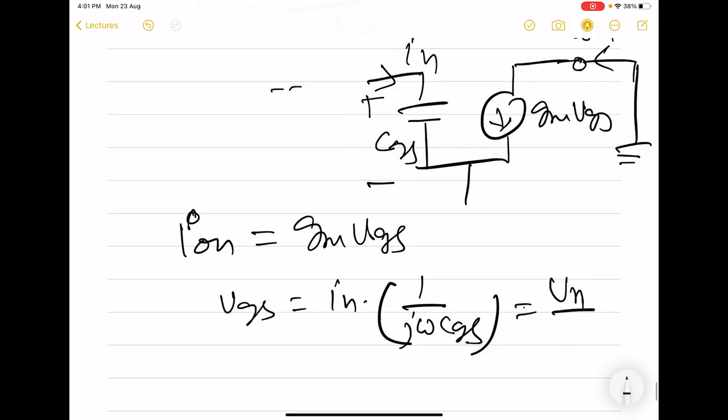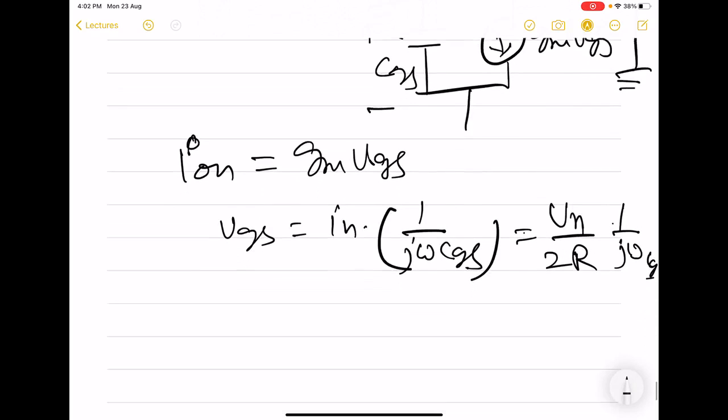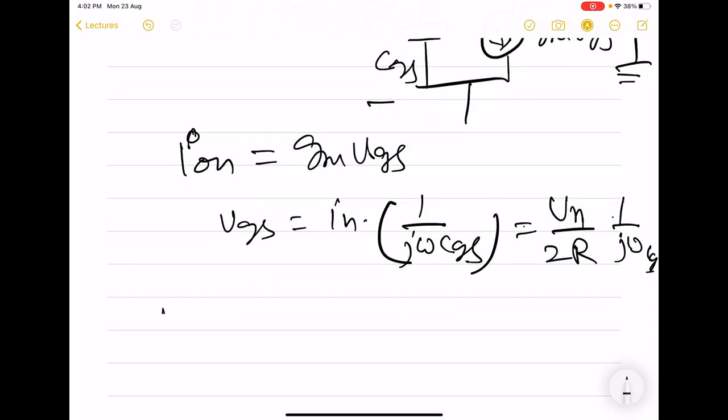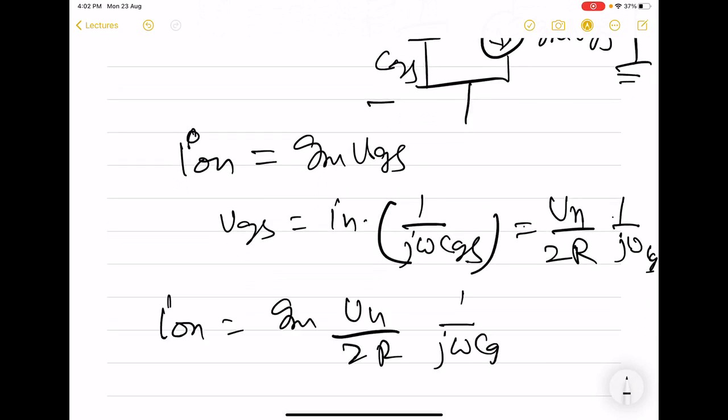And IN we have derived is Vn by 2Rs. So ION turns out to be GM into Vn by 2Rs into 1 by j omega CGS.